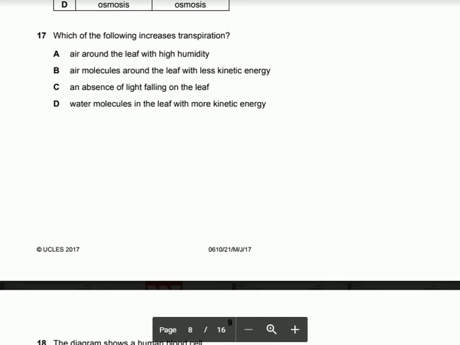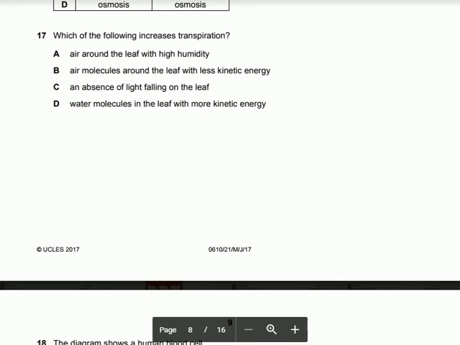Molecules are always in competition with each other. But if they have less energy, they're slow: oh, I'm really lazy, I cannot do this, and they won't be able to kick it out. It's pretty simple. So it's definitely not B, because air molecules move around the leaf with less kinetic energy.